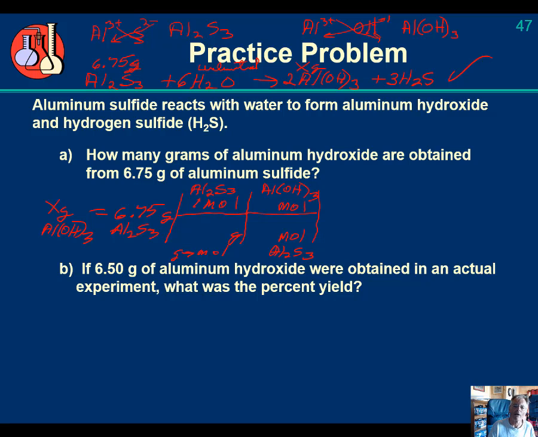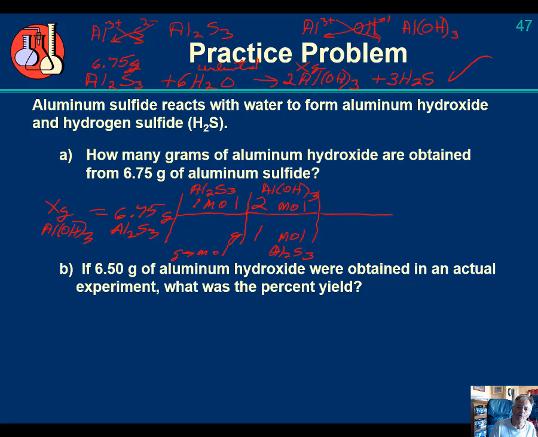And I'll just get that from the coefficients. I can go ahead and do that now. For aluminum sulfide, the coefficient is understood to be 1. For aluminum hydroxide, the coefficient is 2. And then this will be the last step.